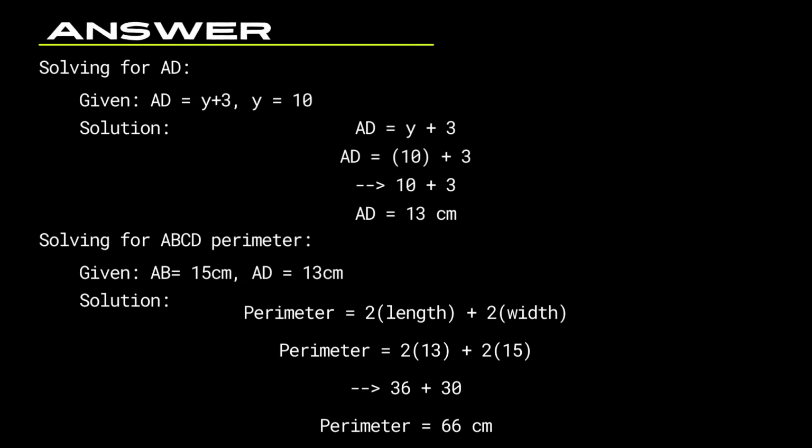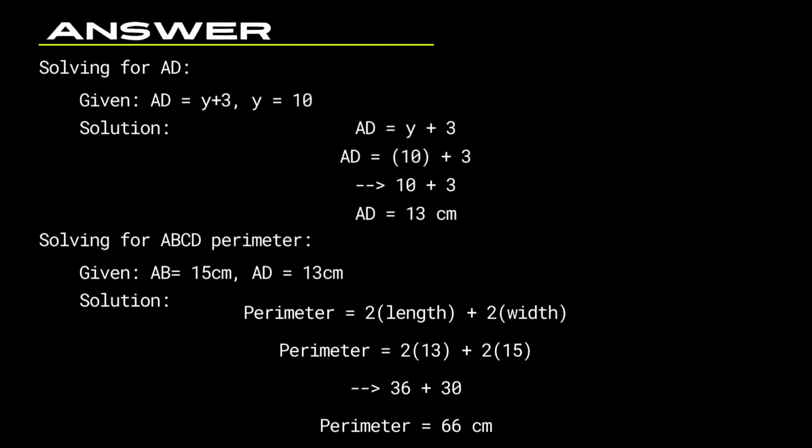Okay, next, solving for AD, given AD is equal to y plus 3 and y is equal to 10. We'll have the equation AD is equal to y plus 3. Then, to start, we first substitute 10 for the value of y in the equation, which will now be AD is equal to 10 plus 3.